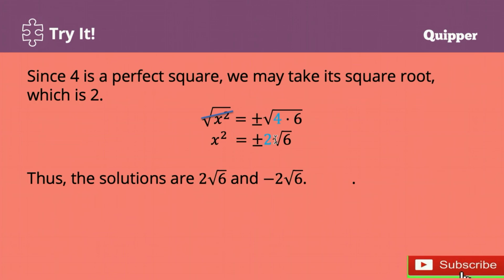Then since 6 is not a perfect square, let it be square root of 6. Therefore, the solutions are 2 square root of 6 and negative 2 square root of 6.